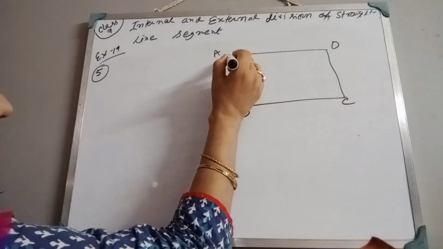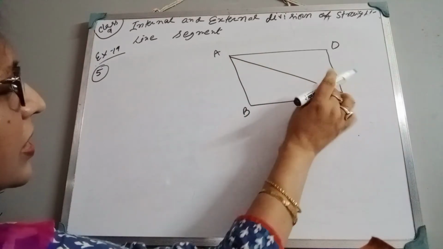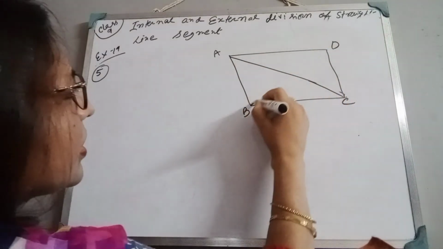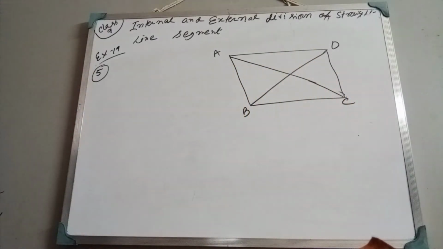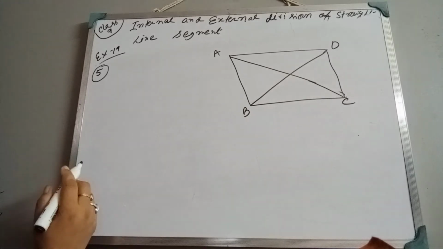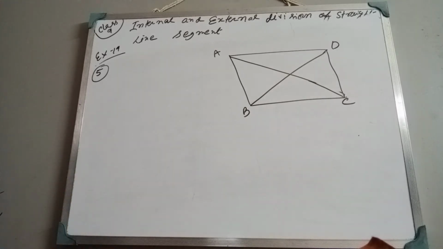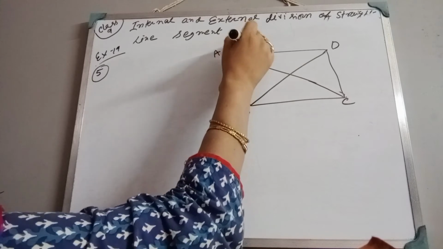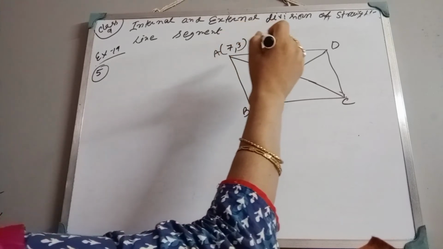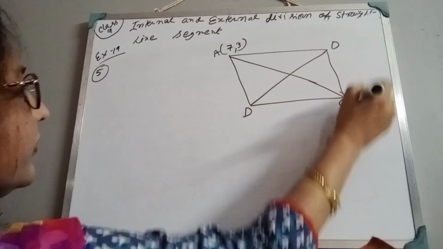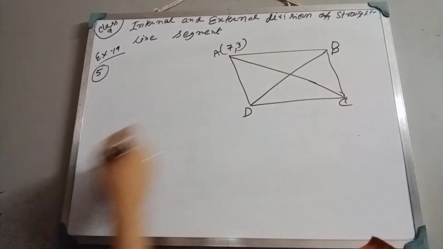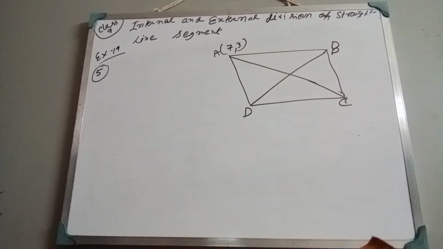Now joining. Prove that when the points A, B, C, D are joined in order, they will form a parallelogram.